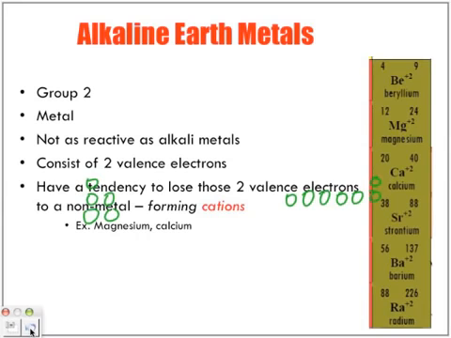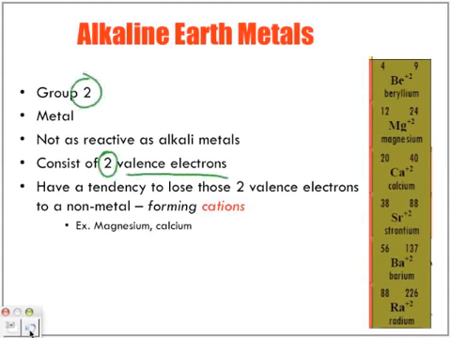Next group, alkaline earth metals. The alkaline earth metals are group 2. They're also metals, so they're malleable and ductile. They're not as reactive as the alkali metals are. They have 2 valence electrons. Notice that 2 now, group 2.